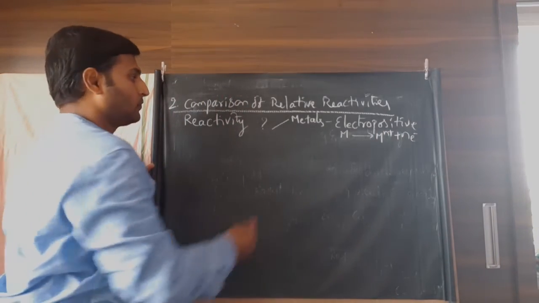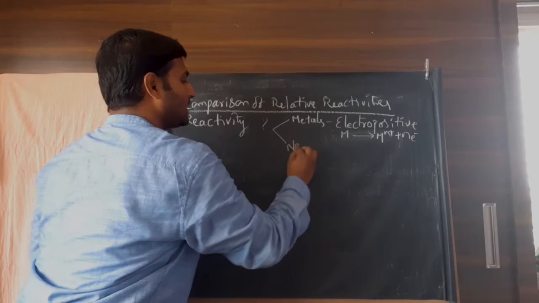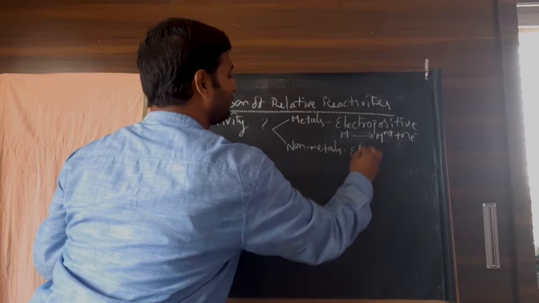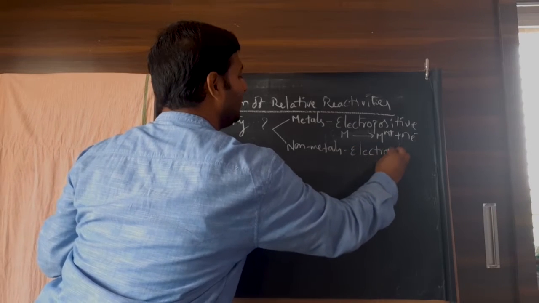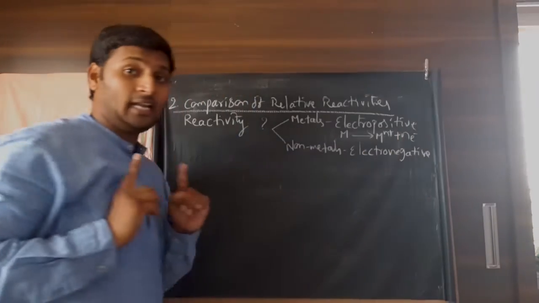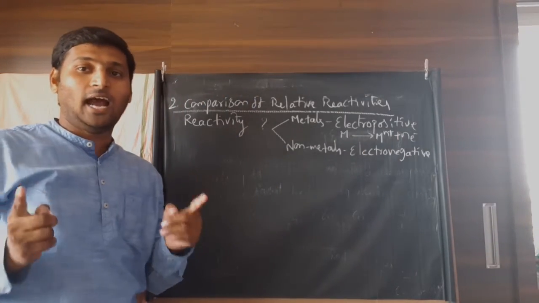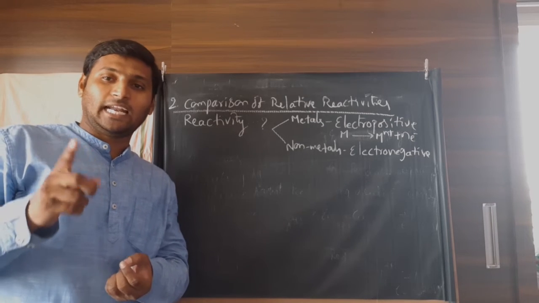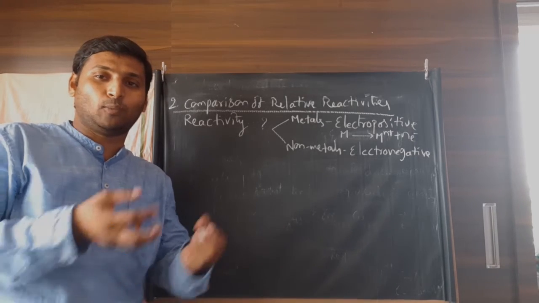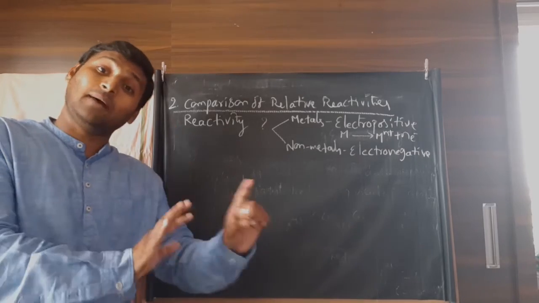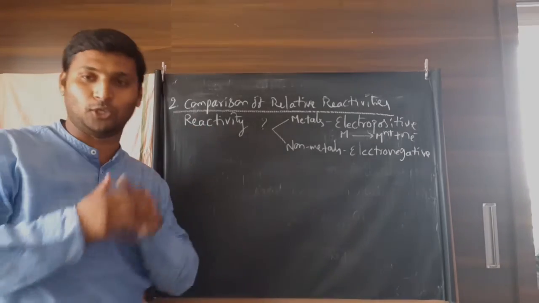You know that. If it is non-metals, the reactivity refers to electronegative character. Again, not electronegativity. I am talking about electronegative character. What is the difference? Electronegativity is the tendency to pull the shared pair of electrons more towards it in its combined state, in its covalent molecule.